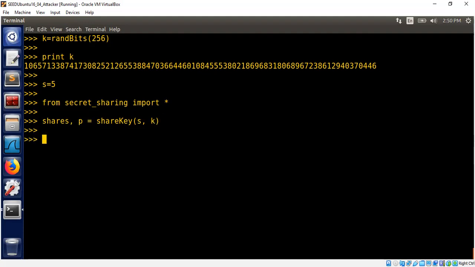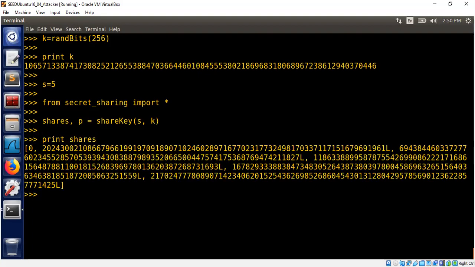Okay, now we have the shares ready. Let's print shares. Forget about the first element; I always set the first element to 0 to make it easy to map I to f of I. Let's assume now you've got the values of the second element, the third element, and the fifth element.